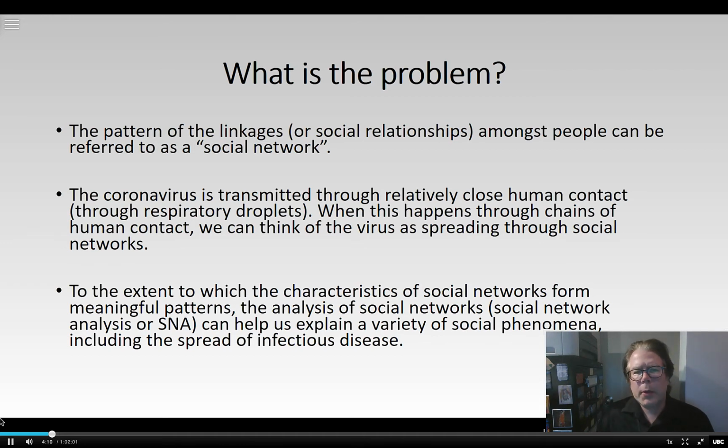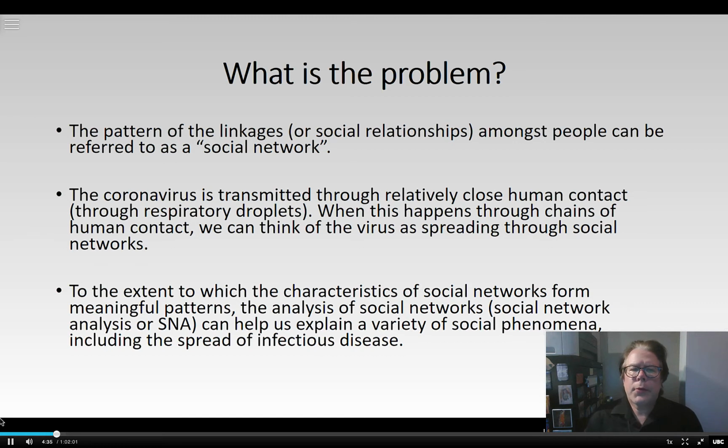So let's think a little bit about the problem. What we're interested in is the pattern of linkages or social relationships amongst people. These patterns can be thought of or talked about as a social network. The coronavirus is transmitted through relatively close human contact through respiratory droplets.